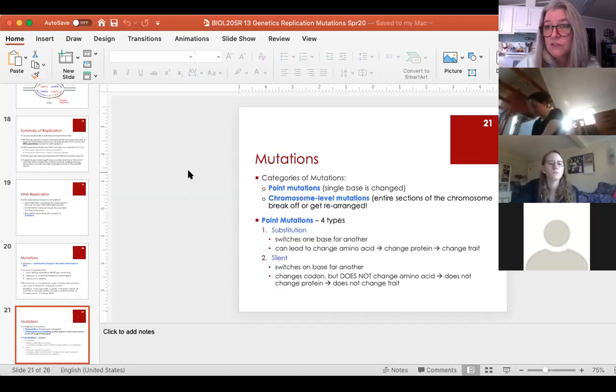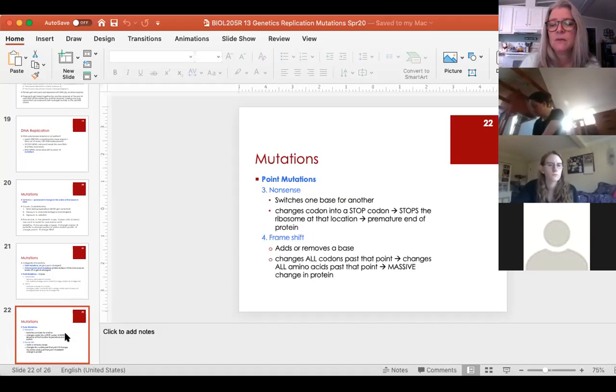Some of the worst cancers, for example, that we can trace back to a mutation are chromosome level mutations. But point mutations can be just as devastating. So we talked about what a substitution mutation is, what a silent mutation is, what a nonsense mutation is, frame shift.